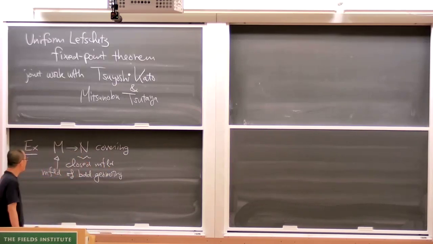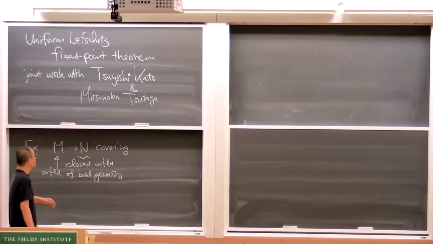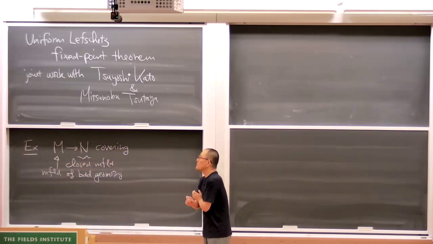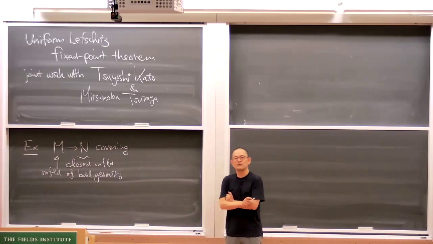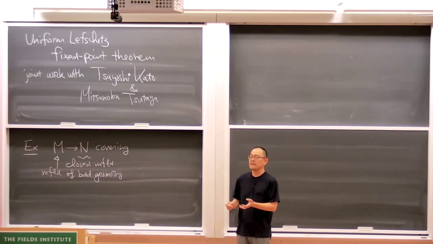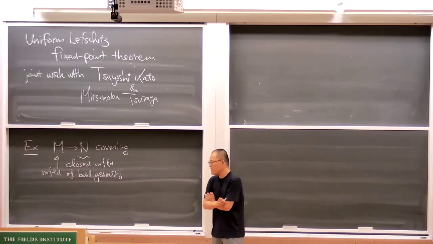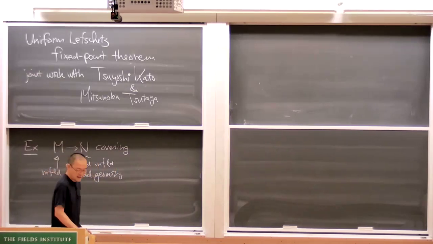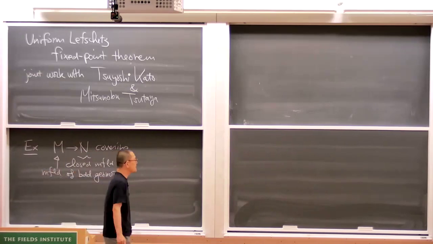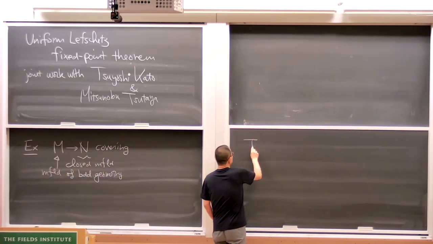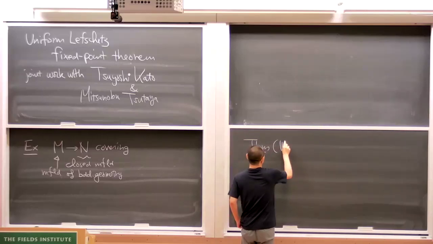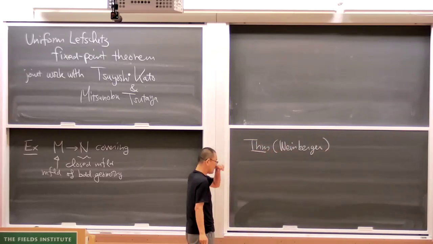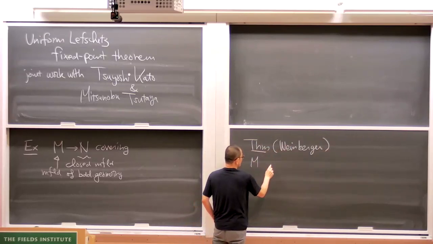In this talk, actually, there are only a few results on non-compact manifolds of bounded geometry which are analogous to classical theorems like the Poincare-Hopf theorem and the Lefschetz fixed point theorem. But we have the following nice theorem of Weinberger. He considered a manifold of bounded geometry.